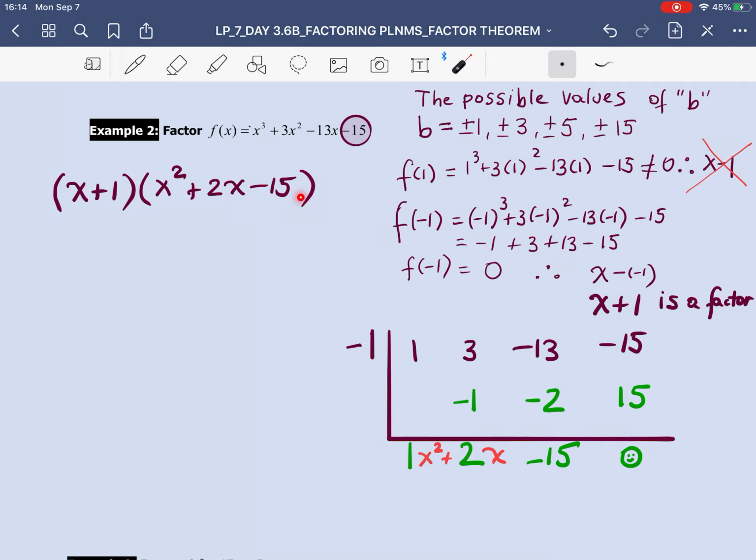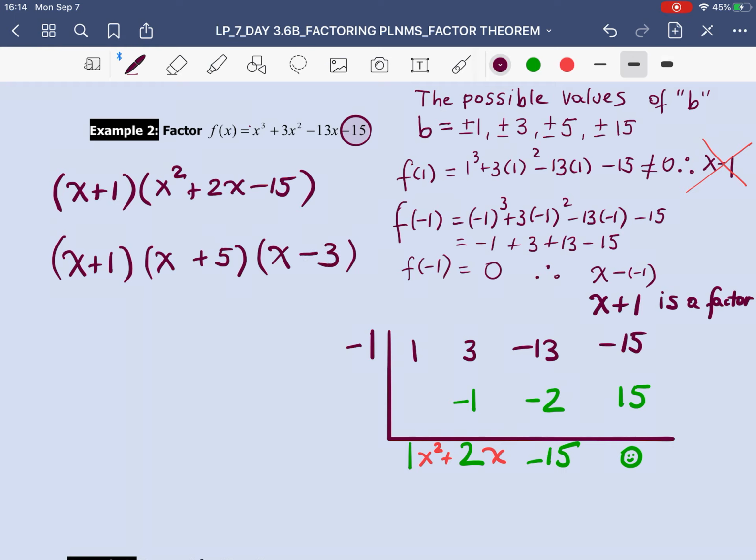Yes, but why bother when you know how to factor the polynomial by just simply using the knowledge from grade 10? So what I would do is take a shortcut and factor the trinomial by just figuring out two numbers that add to 2 and multiply to negative 15. So these two numbers must be positive 5 and negative 3. And hooray, we have managed to factor our first polynomial here.